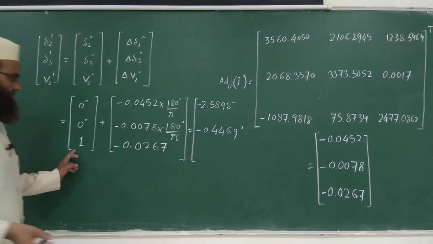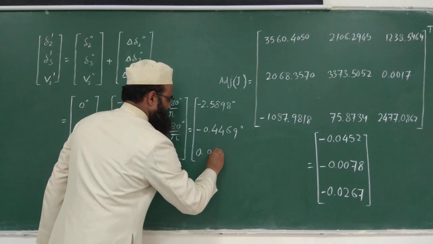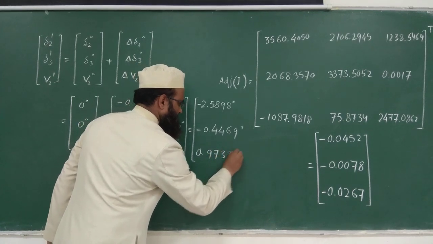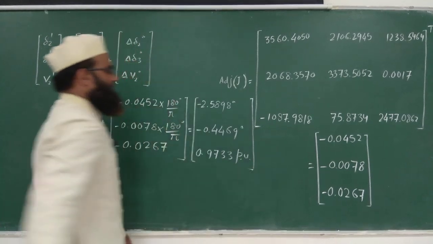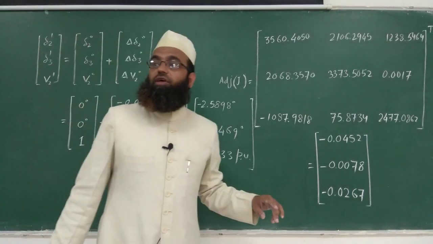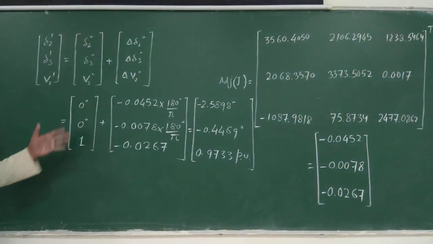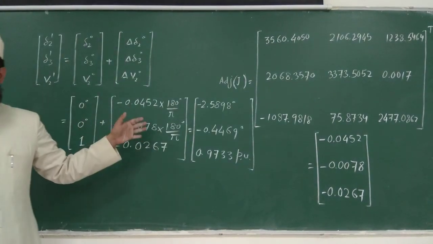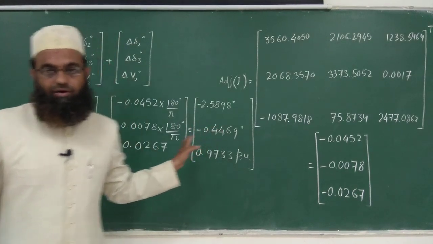What about this? 0.9733 per unit. So this way you have obtained the values of the 3 variables out of 4 variables, 4 unknowns. The fourth unknown is Q3. So you need to evaluate the fourth with the help of these updated values of the variables and parameters. Clear? Any doubt?